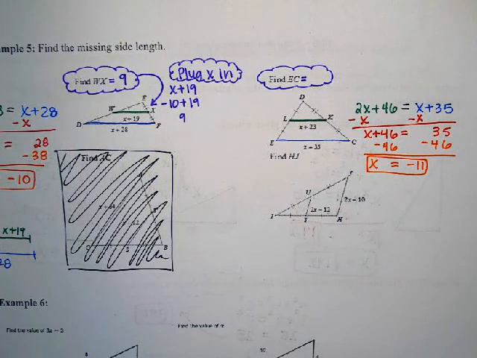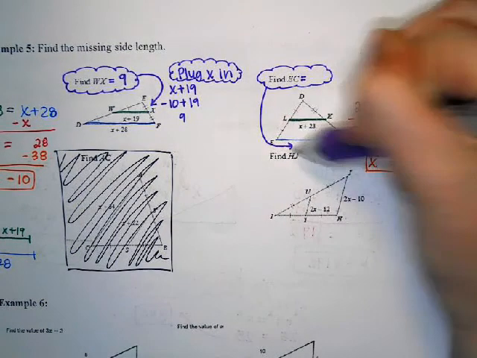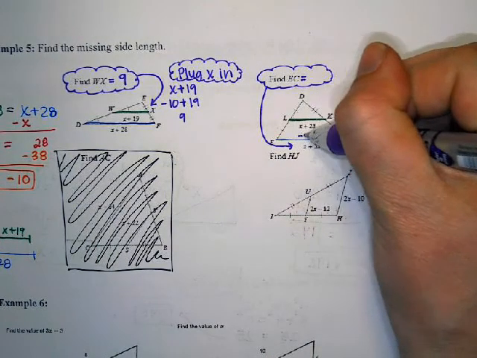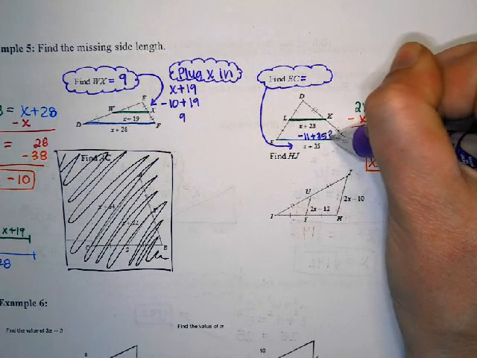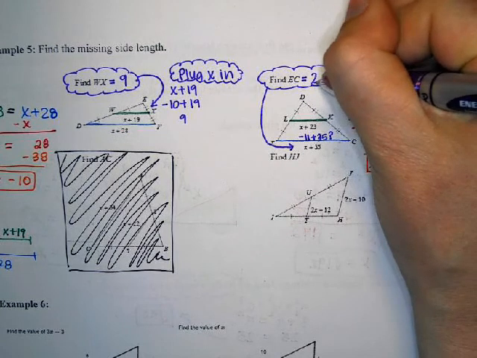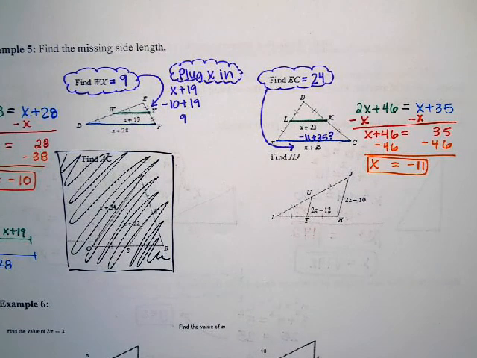Where is EC? EC is this bottom one right there. What is negative 11 plus 35? 24?